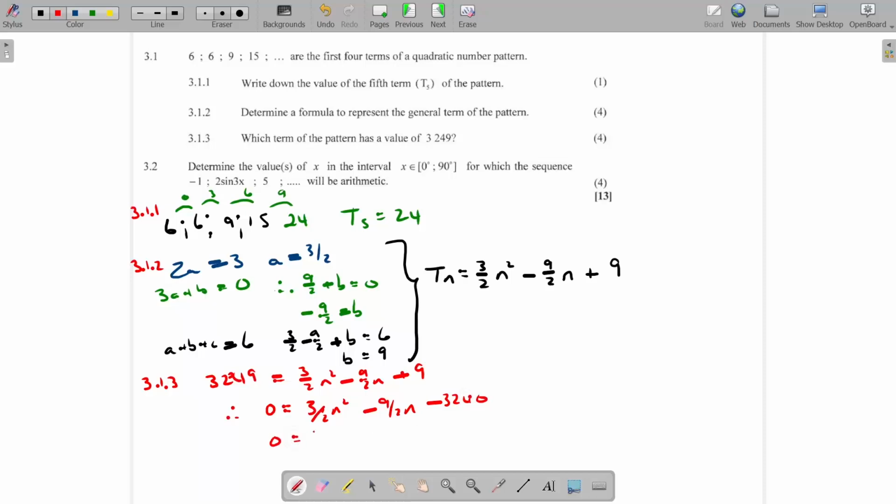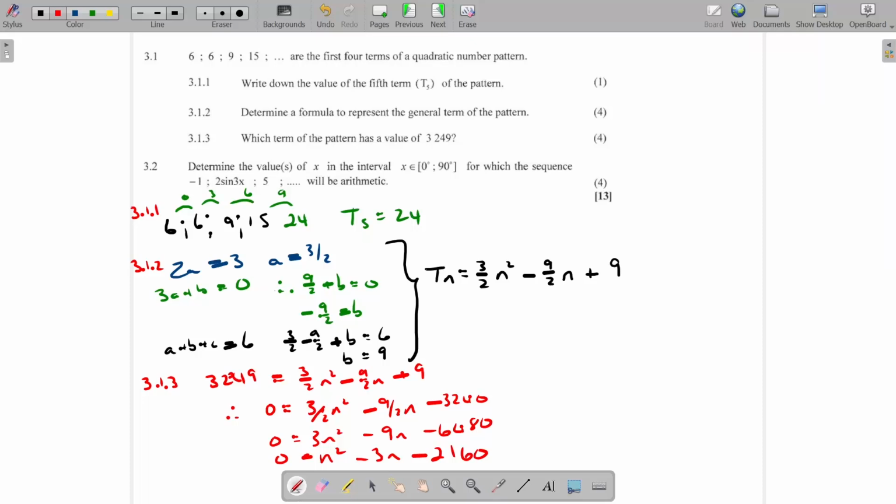So therefore, 0 equals 3n squared minus 9n minus 6,480, times through by 2. I can divide also by 3. So 0 equals n squared minus 3n minus 2,160.